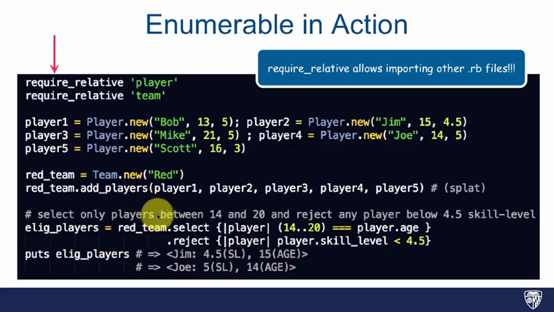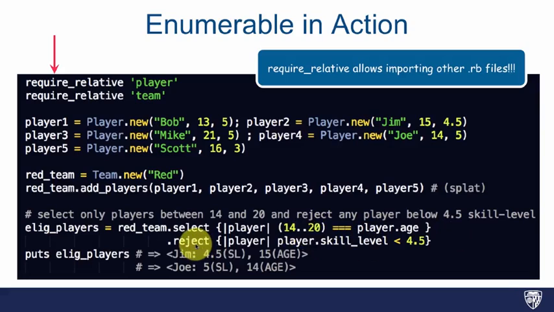But now comes the cool part. Because red team includes the Enumerable module, you could all of a sudden start doing interesting things with your team. You could select all the players with an age range between 14 and 20, inclusive because there are two dots.